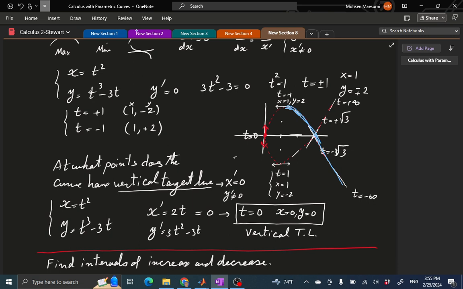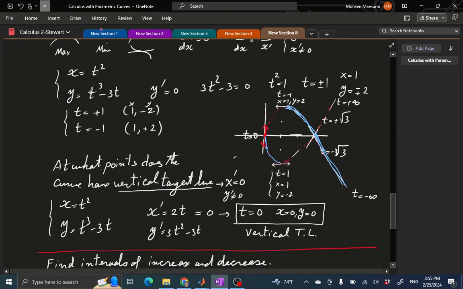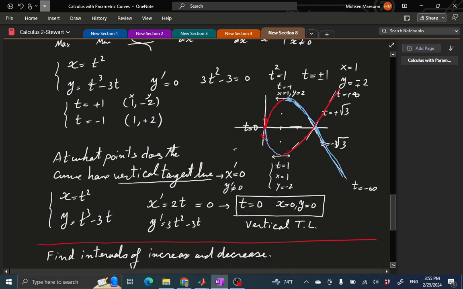If we had such a curve in calculus 1, we would have called it decreasing. And this one, y versus x in these two pieces are decreasing. If we had y versus x in this piece, it's increasing. Y versus x in this piece, it's increasing, and so on. So that is what we are recovering here.